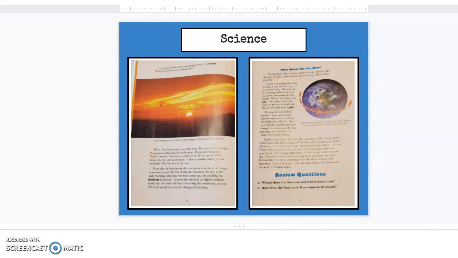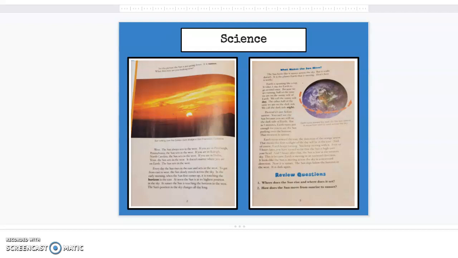4 or 5 hours later, you have turned so far that the sun is high over your head. And 5 hours after that, the sun is low in the western sky. This is because Earth is moving in an eastward direction. It looks like the sun is moving across the sky in a westward direction.